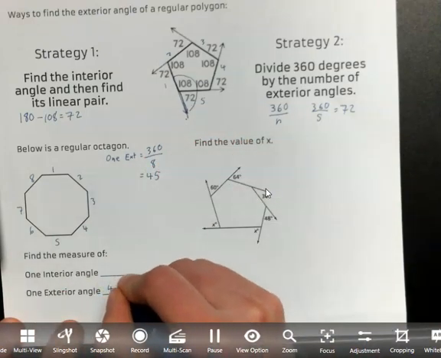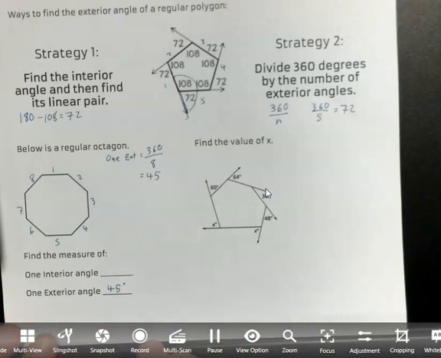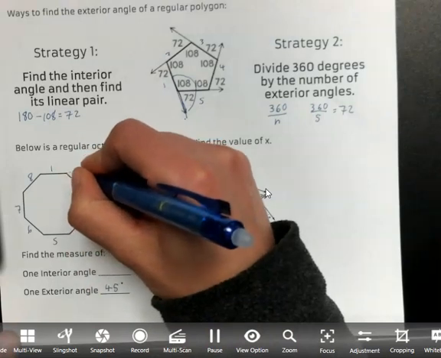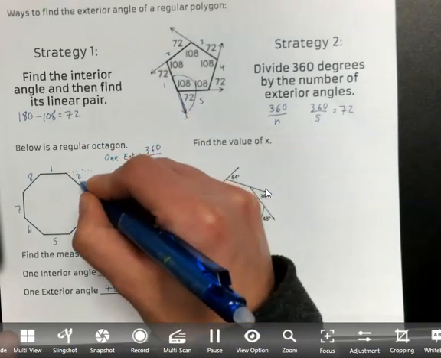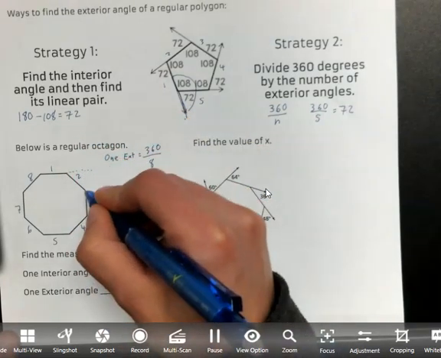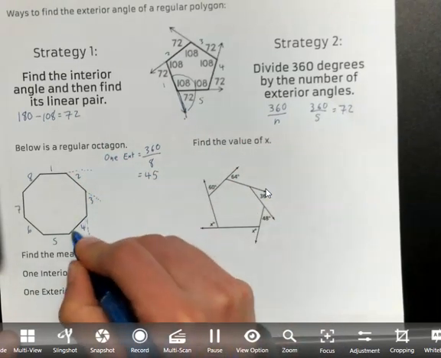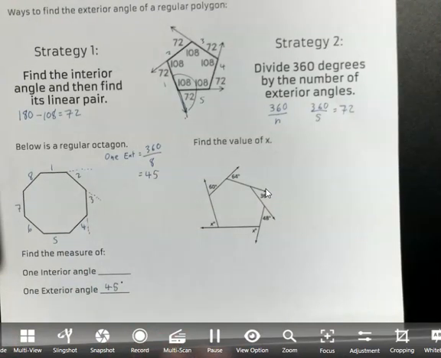So this is 45 degrees. You might be wondering, I don't see any exterior angles there. Pretend if we extended this line, this would be 45 degrees. If we extended this line, that would be 45. Those are the angles right there.